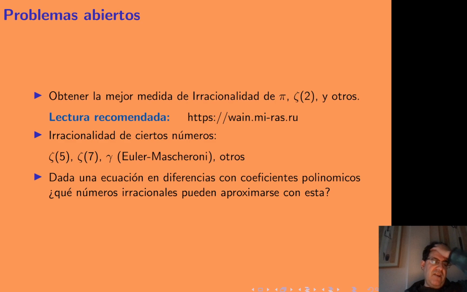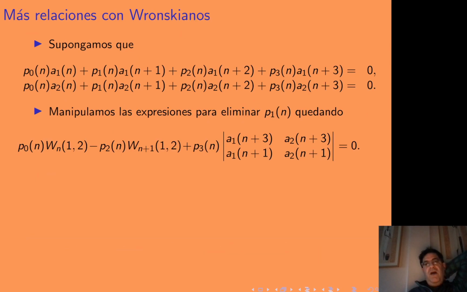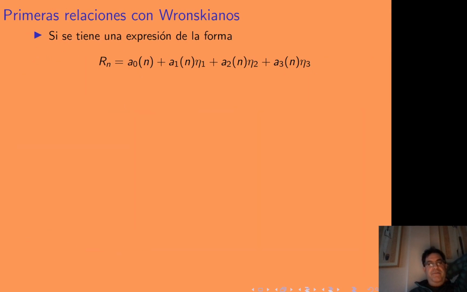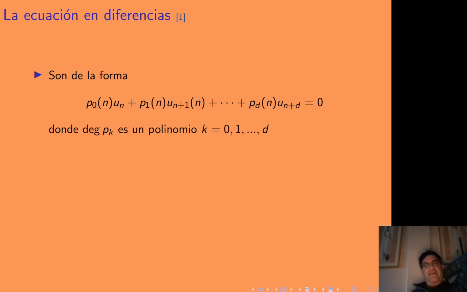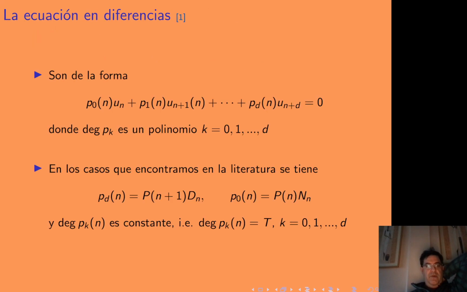And finally, another problem which also is very nice is, suppose that you only have something like this. Let's say in these conditions, right? With these conditions, we have something like this, and they are given. I would like to know which kind of numbers can be approximated by sequences of rational numbers fulfilling this kind of polynomial difference equations, right?